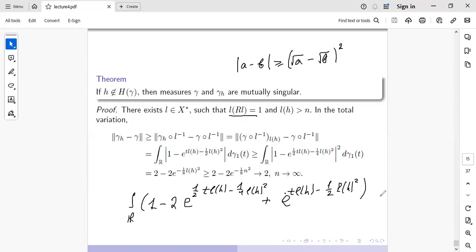And we integrate with respect to the standard Gaussian measure. But this is just the density, so the integral will give 1.